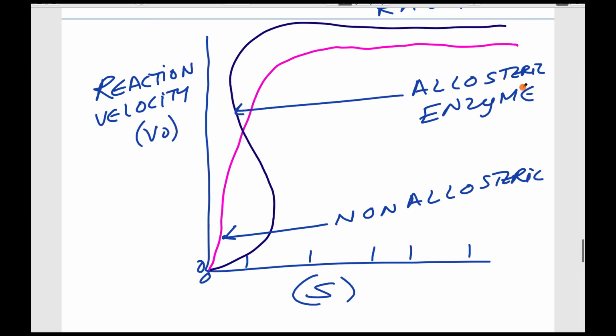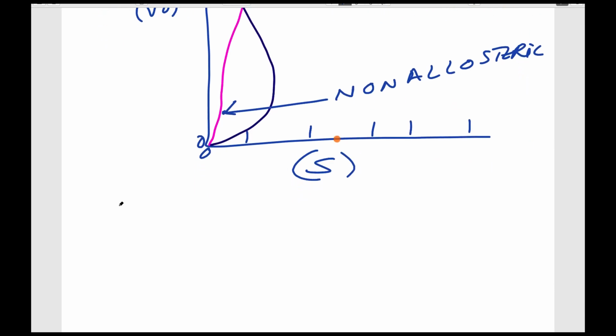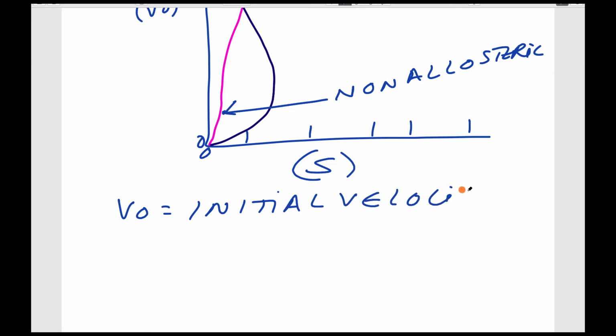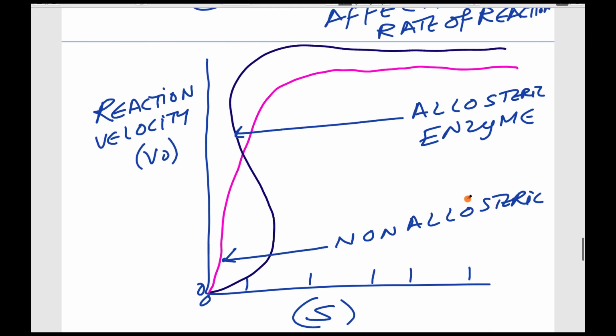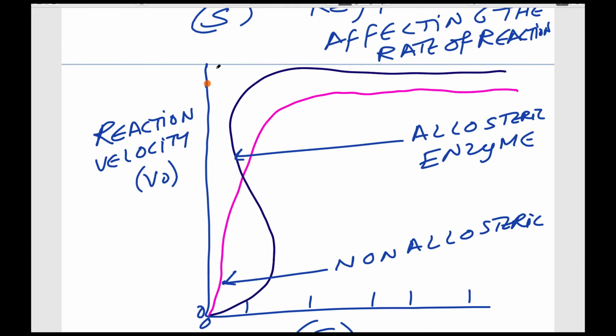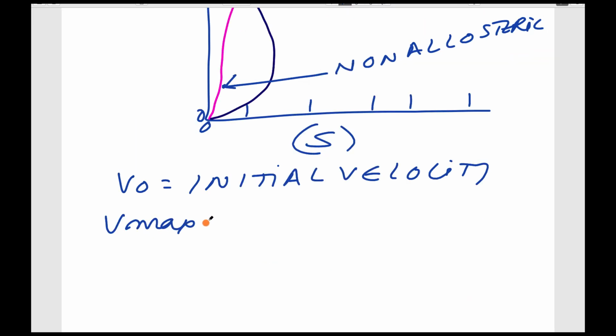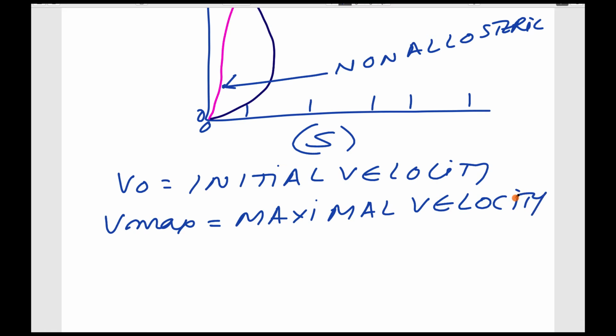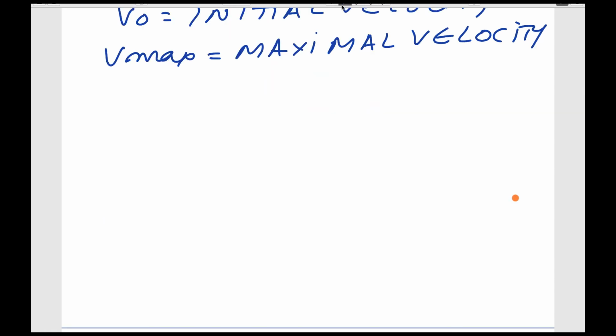Here V0 is the initial velocity. This is the maximum velocity, the maximal velocity which can be attained. After that there will not be any increase in the velocity.